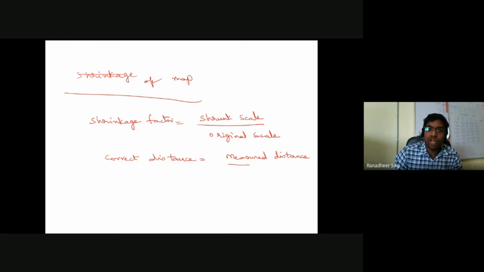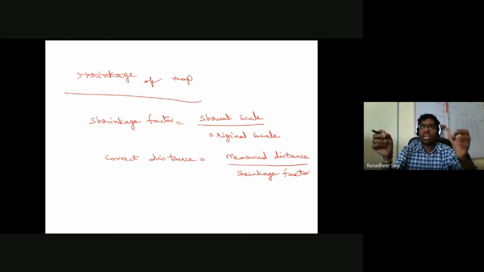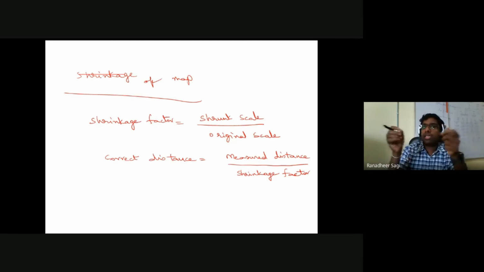The measured distance was 1.55 centimeter, divided by your shrinkage factor. So if I know the shrinkage factor for the map which got shrunk, then I can make use of that shrinkage factor to understand how much the distance is that I get directly by measuring any objects in that particular map which got shrunk.